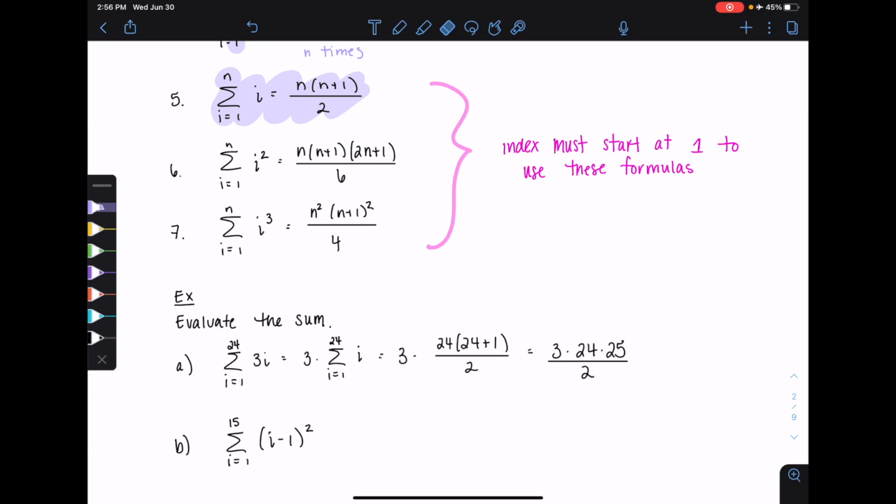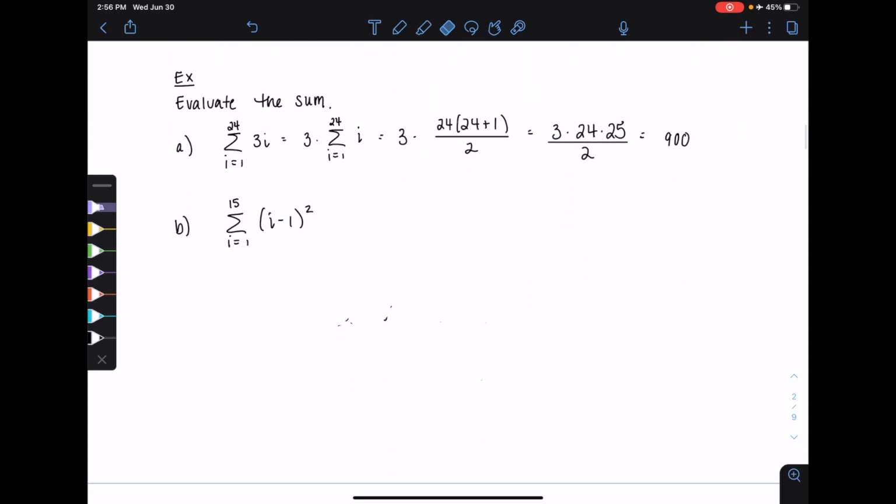So that's really 3 times 24 times 25 over 2. And so basically, if I add up 3 plus 3 times 2 plus 3 times 3 plus 3 times 4 plus 3 times 5, all the way up to 3 times 24, I'm going to end up with 900. Okay.